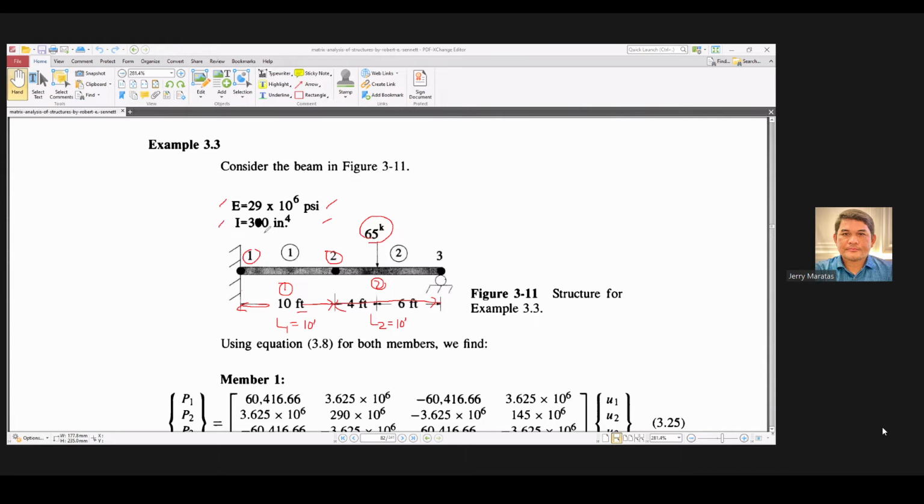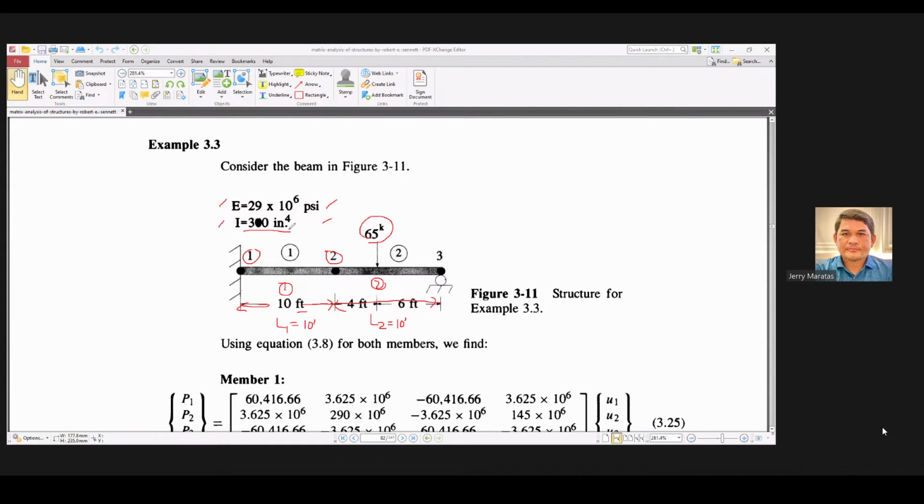Now the moment of inertia, of course, is dependent on the section, the size of the member. So the moment of inertia is given. It's 300 inch to the fourth.